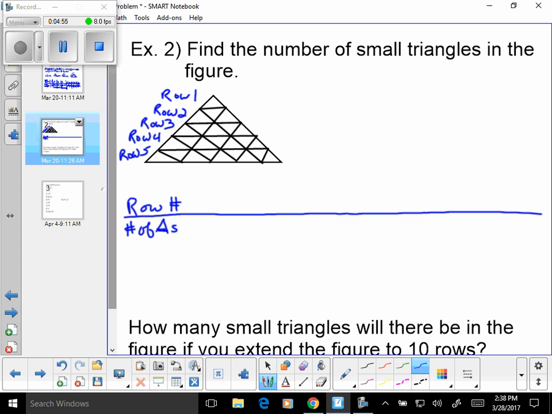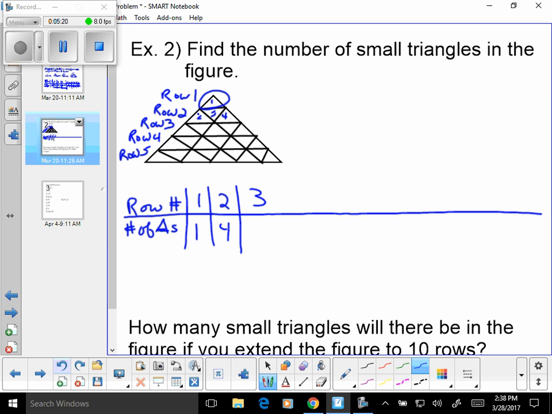triangles. Okay, in row number 1, that's just this row right here. I only have one triangle. If I have two rows, I have 1, 2, 3, 4. So I have 4. All right.